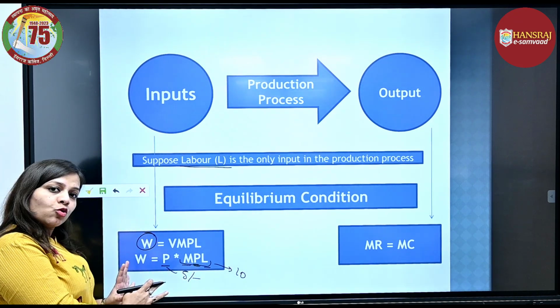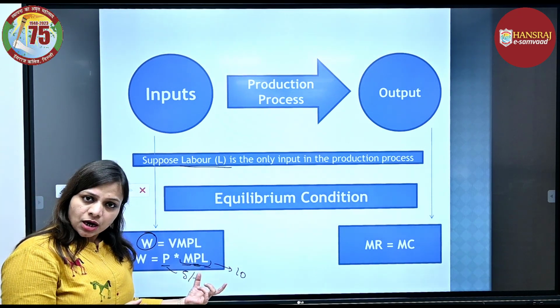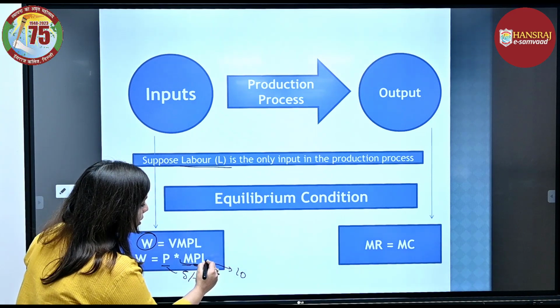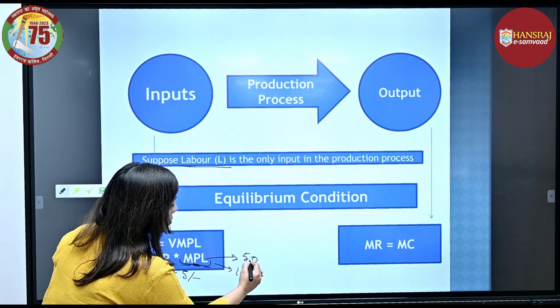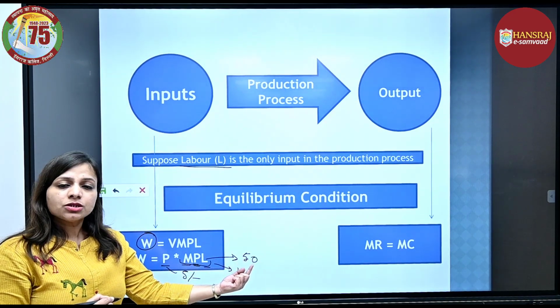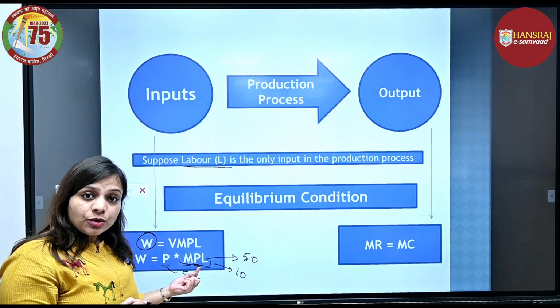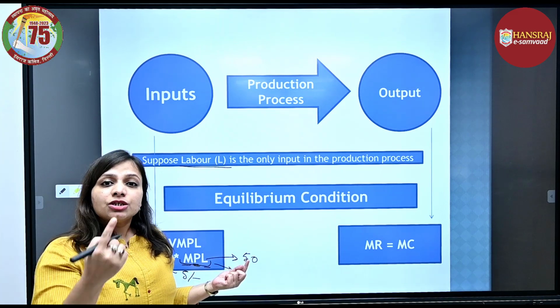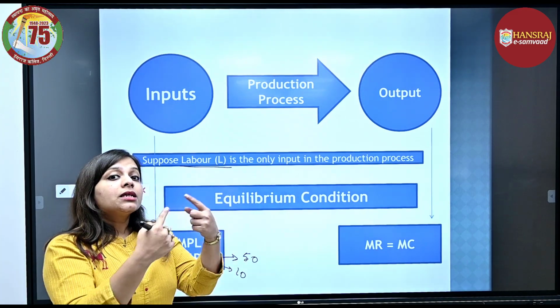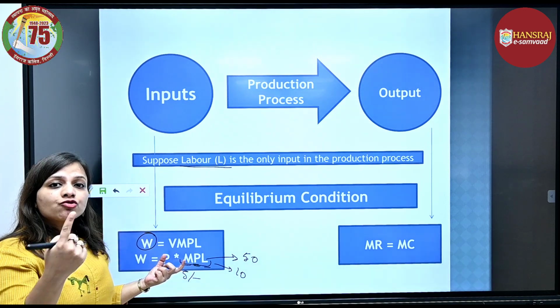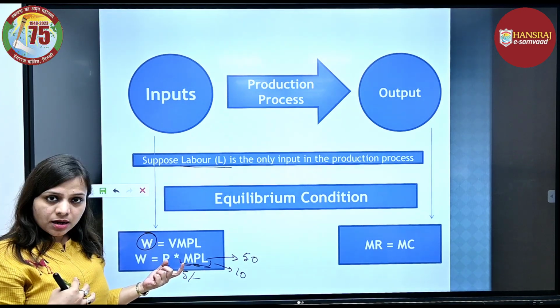So प्राइस आपको पता है, लेबर ने आउटपुट कितना बनाया, वो 10 यूनिट का बनाया, तो फर्म को कितना मिला, सिंपली दोनों का मल्टीप्लिकेशन which is 50. So this is nothing but the revenue the firm has generated by selling the output which is produced by this one extra labor that the firm has hired.